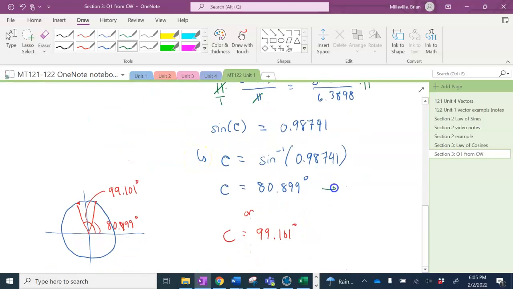Now, adding 35 and 80.899 and subtracting that from 180 would give us the remaining angle, possibly B would be 64.101 degrees, or if we took this option, we would have 180 minus 35 minus 99.101, and that leads us to the other possibility of 45.899.